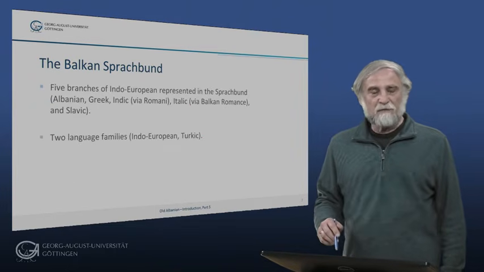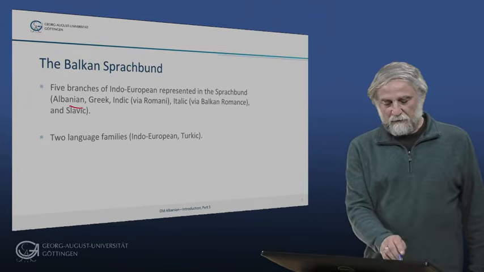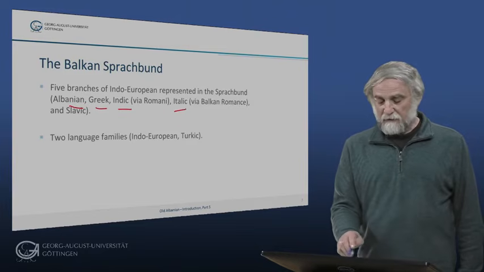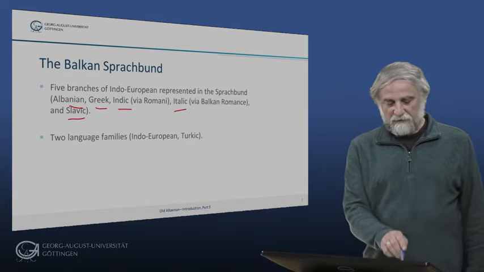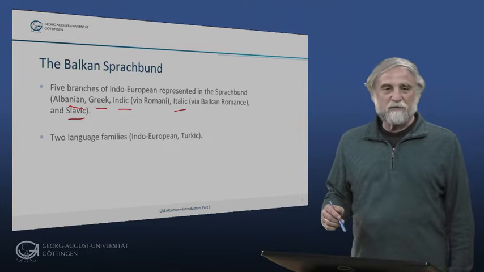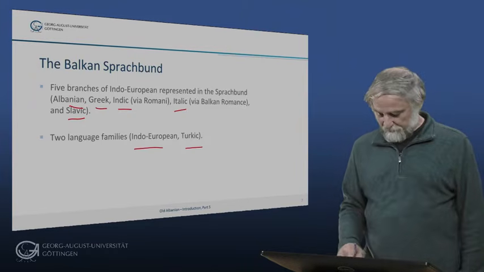Represented here are therefore 5 different branches of Indo-European: Albanian, Greek, Indic via Romani, Italic via Balkan Romance, and Slavic. And adding Turkish into the mix, we have 2 different language families represented, Indo-European and Turkic.